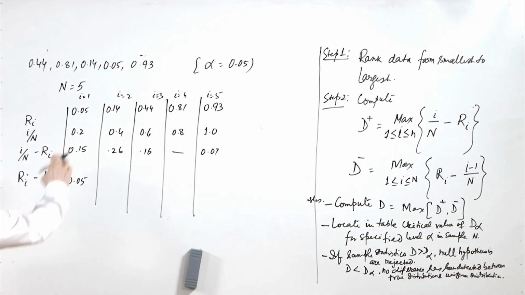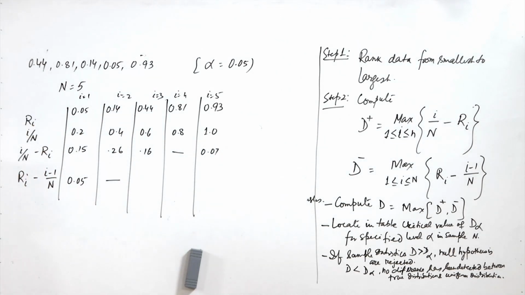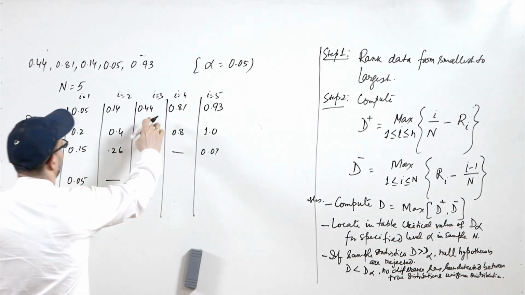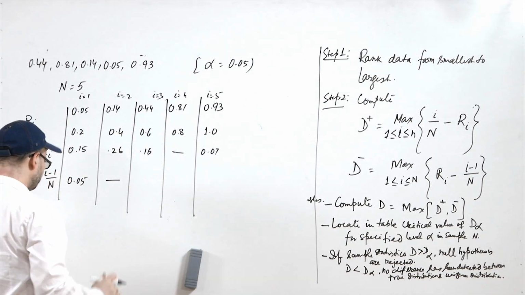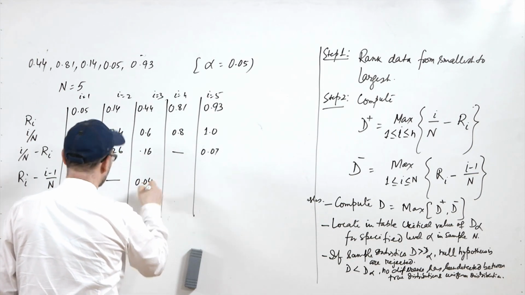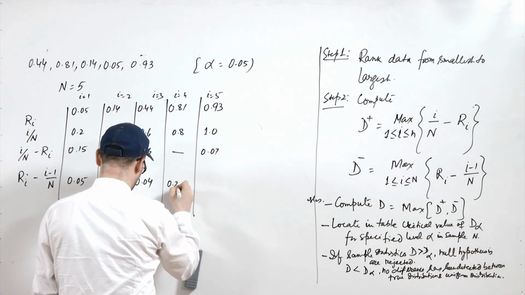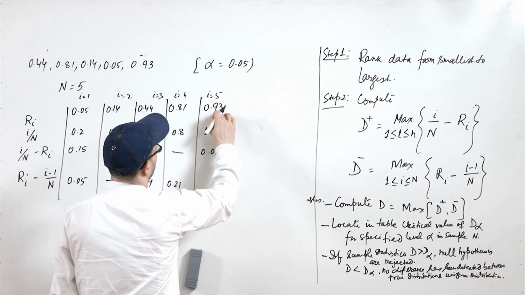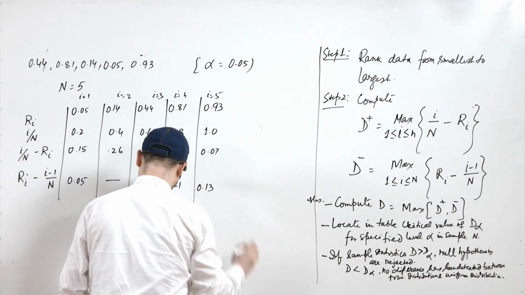So, it will be 0.14 minus 0.2, so it is a negative number. So, we are not going to write it. Similarly, 0.44 minus this will be 0.04. 0.81 minus 0.6, it will be 0.21 and 0.93 minus 0.8, so it will be 0.13.